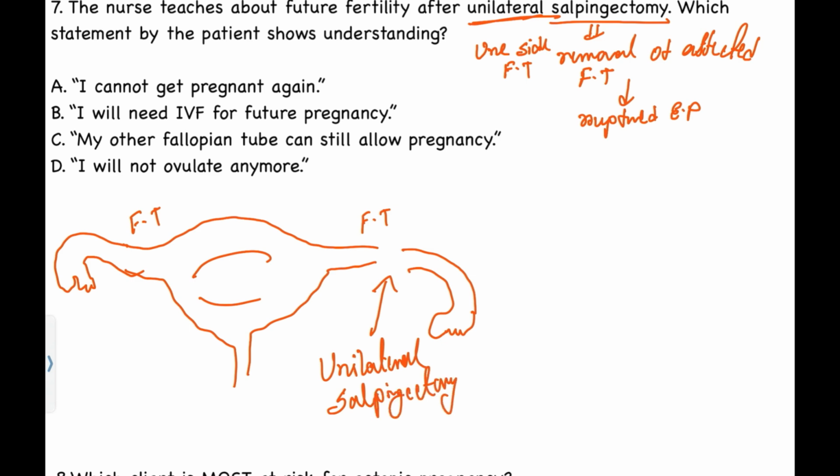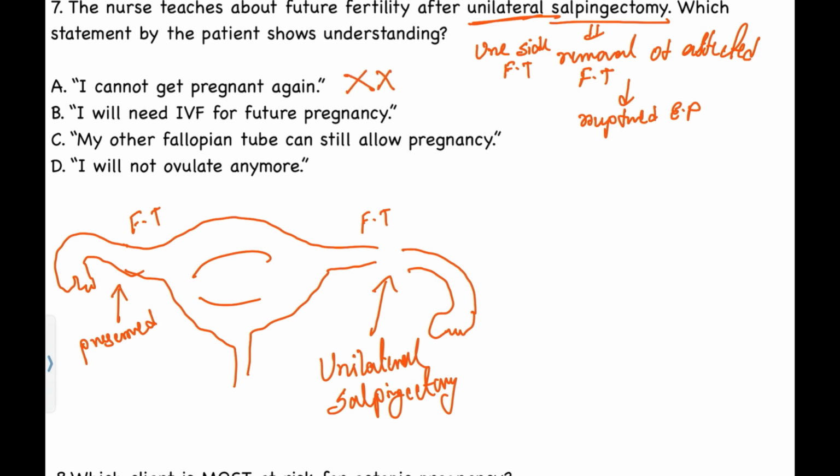If you have done this, the other side fallopian tube is still preserved, so the mother can still get pregnant, and a normal pregnancy too, in the near future. So the mother can become pregnant again because her other fallopian tube is still preserved. If the mother says I cannot get pregnant again, that means she does not understand the concept. So option A won't be the answer.